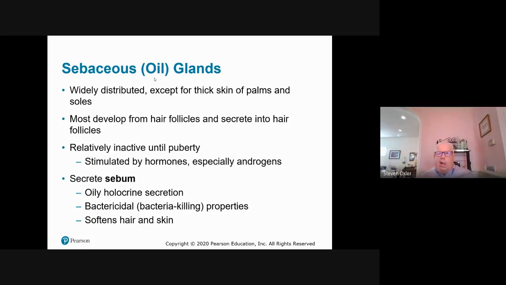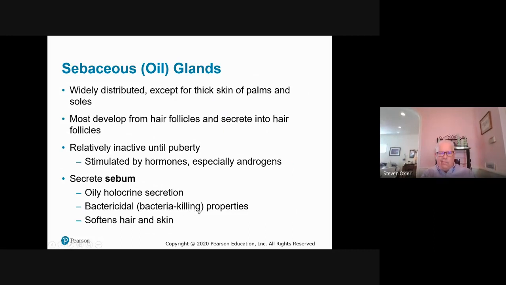Let's leave sweat glands and go to oil glands. Your oil glands in your body are all over your body, and they're basically not in your thick skin of your palms and soles. Okay? They secrete sebum, an oily secretion that kills bacteria.